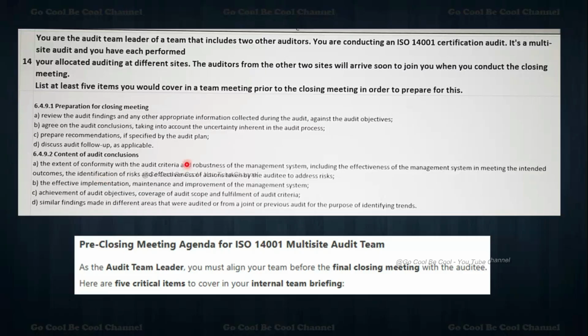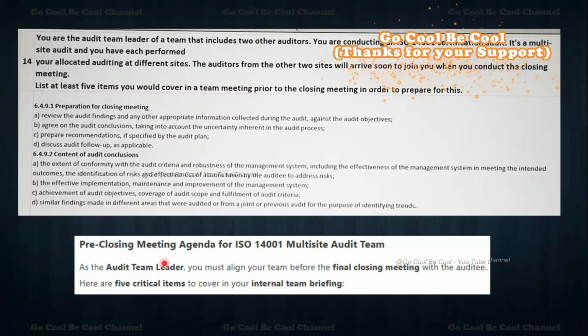That also we can express as effectiveness of the management system. So there are things we can write up: the effective implementation, maintenance and improvement of the management system; achievement of audit objectives, coverage of audit scope, fulfillment; and similar findings made in different areas that were audited.